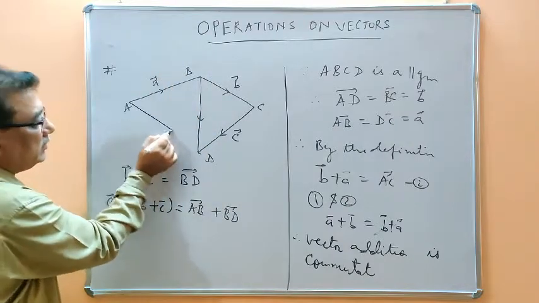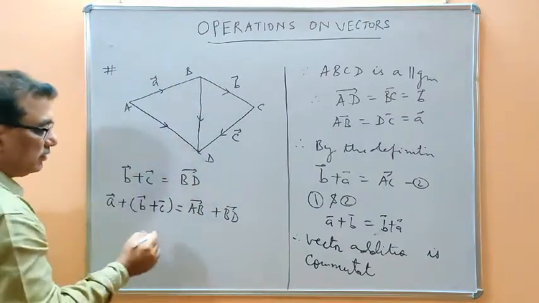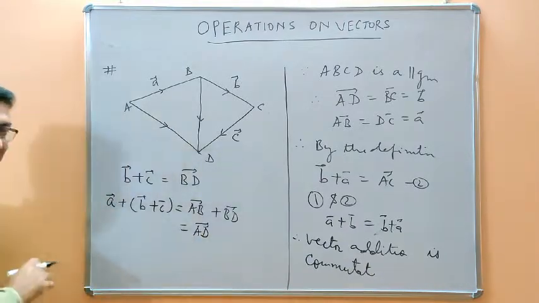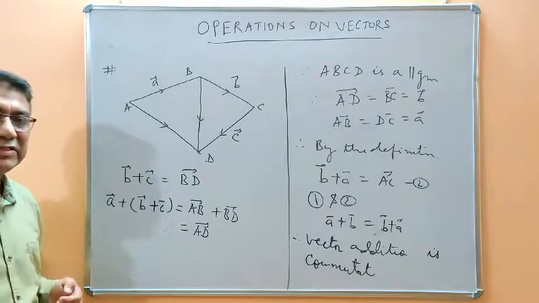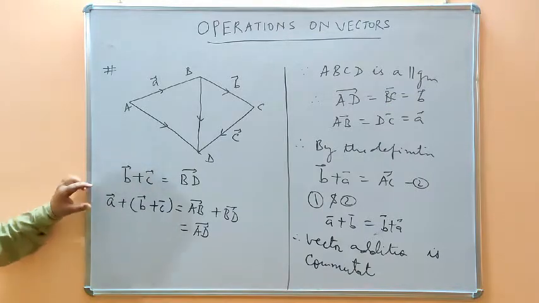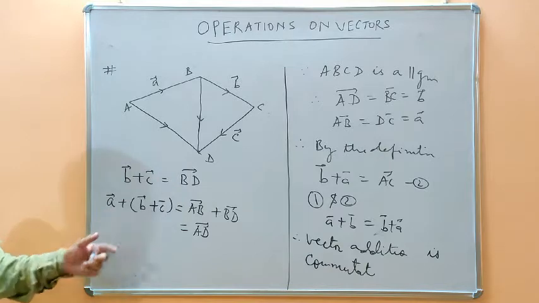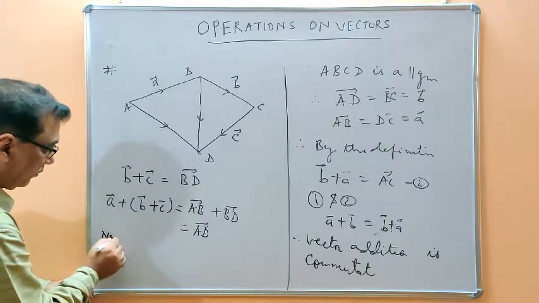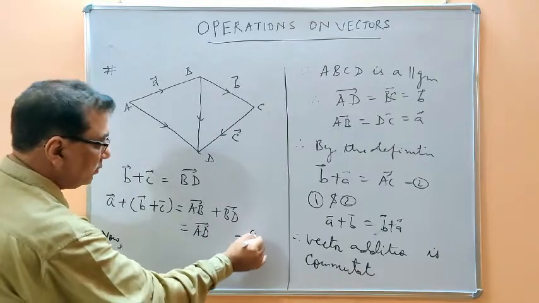The definition says that the vector AD will be the addition of these three vectors. Okay. So we have added three vectors in this way. Let it be equation 1.